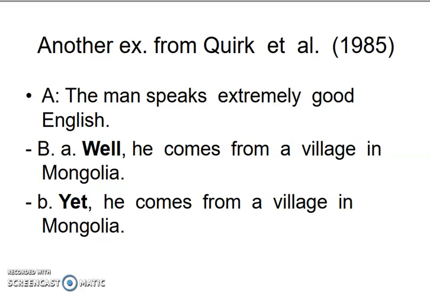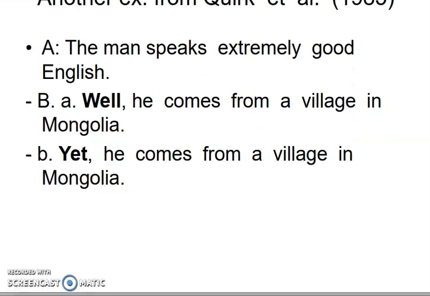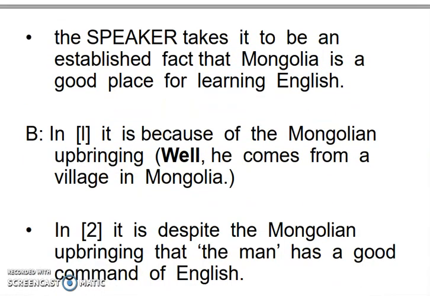Another example that compares well with it is the one shown in this slide. The man speaks extremely good English. Well, he comes from a village so and so. Or yet, he comes from a village so and so. The idea given in the first case is that that village is a good place for learning English.